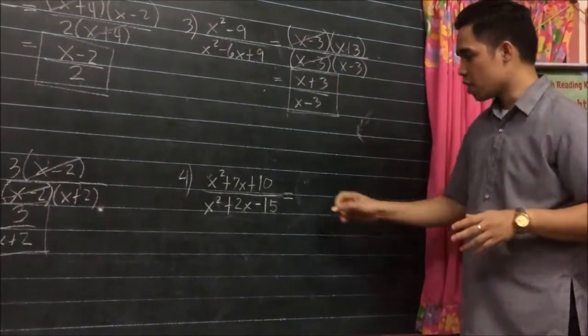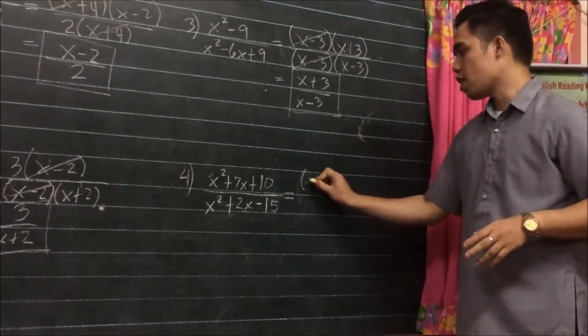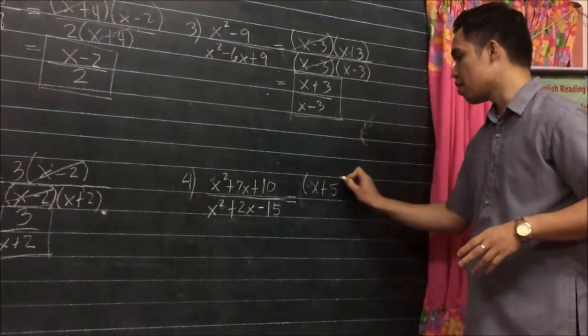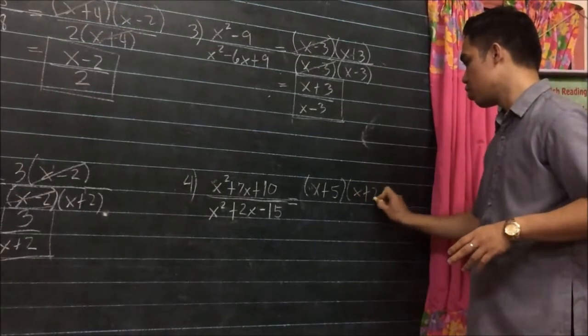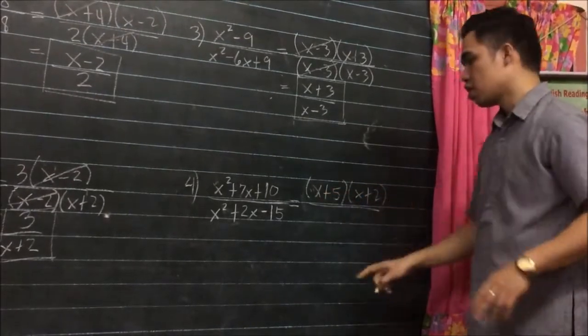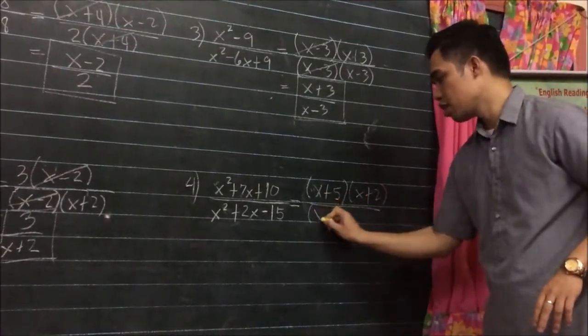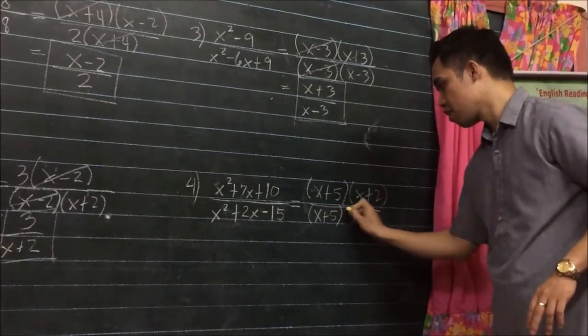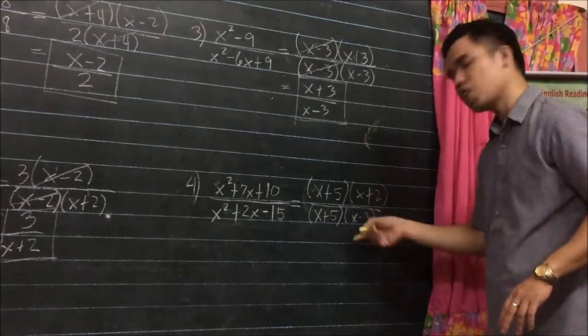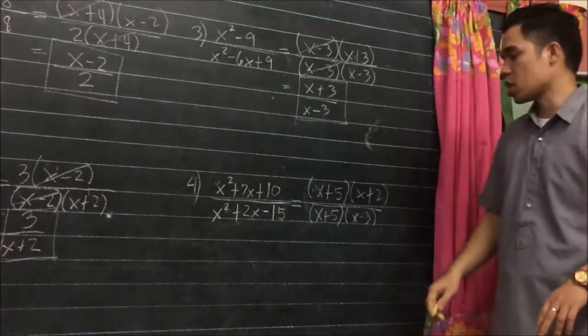So x squared plus 7x plus 10. If we are going to factor that, that will be x plus 5, x plus 2. And here, it will be x plus 5, x minus 3. Or you can interchange that. It can be x minus 3, x plus 5.